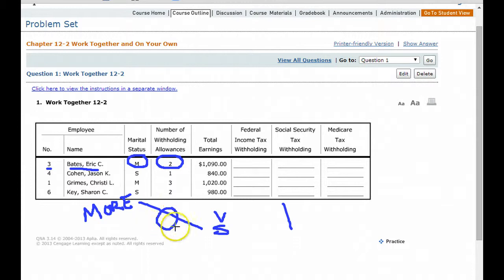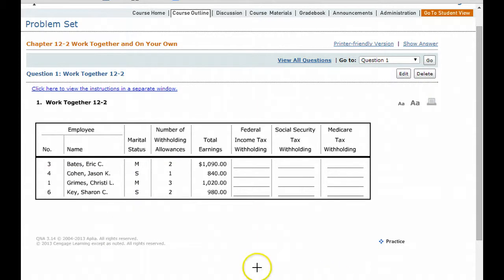Typically, somebody with 0 allowances is going to be claimed by somebody else on their taxes, or they may just be trying to have all of their taxes taken out during the year rather than have to pay those on April 15th when taxes are due.